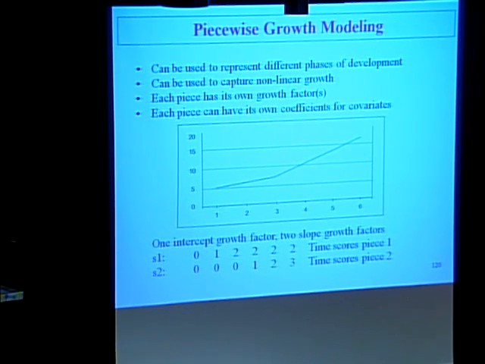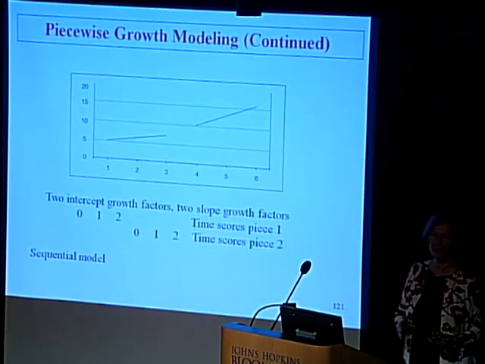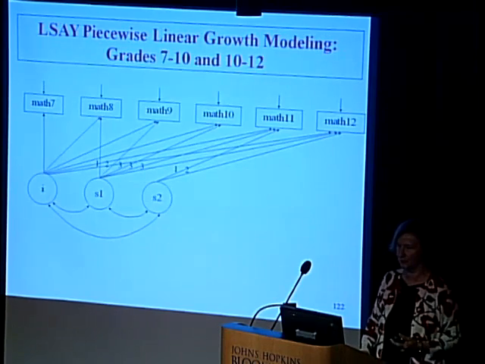So here we would have two intercept growth factors and two slopes. So the first slope would be 0, 1, 2, and then the other one 0, 1, 2. So you would set this up as a sequential model. But these are two things you could think about if you have this type of nonlinear growth.